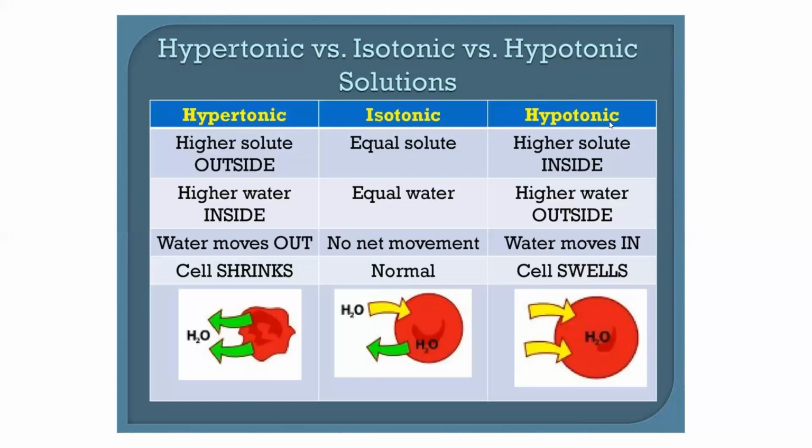Hippos are big and fat, and that's essentially what happens to the cell. If there is more solute inside the cell relative to the outside of the environment, then there is higher water outside, so the water wants to go into the cell, so the cell will swell up like a hippo. Remember, this is a very, very dangerous scenario.